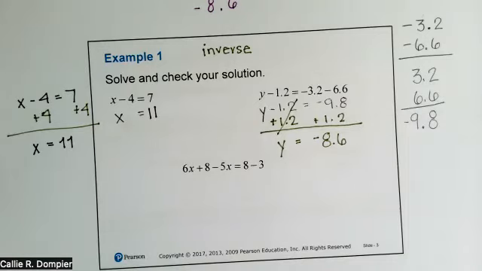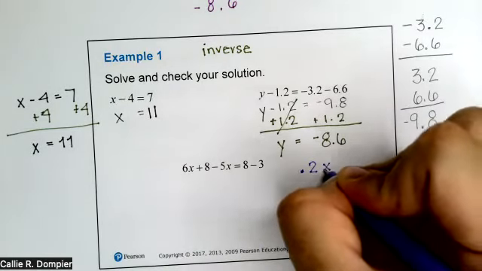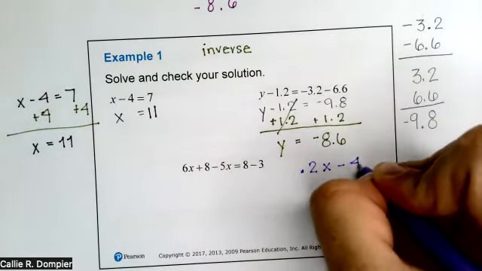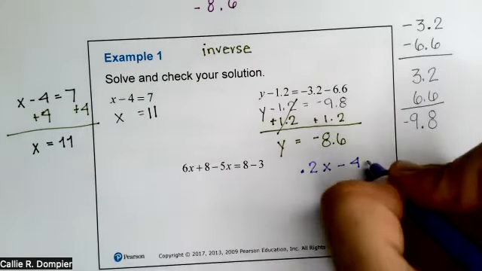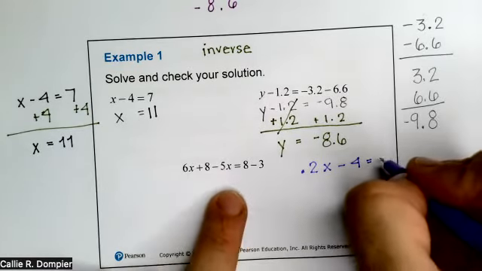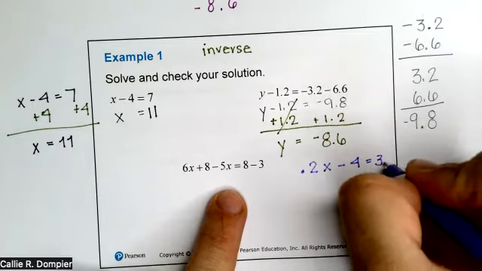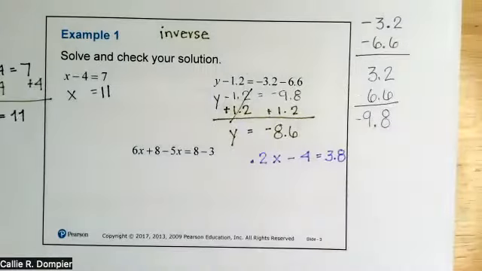This will definitely be in my math lab. 0.2x minus 4. Good. Equals, do you want to make it like this or easy? 3.8. Good. All right.